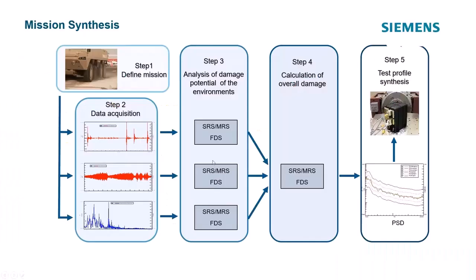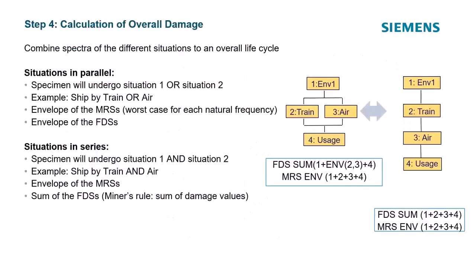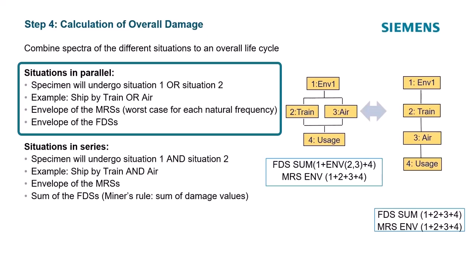We've calculated all these functions. We're going to add them together. Really simple. If the situations are parallel, you always take the worst case. You always envelope the situations, whether it's an MRS or an FDS. Remember, like I said, MRS includes the SRSs too. We're lumping those in. The only difference is time input or frequency input.